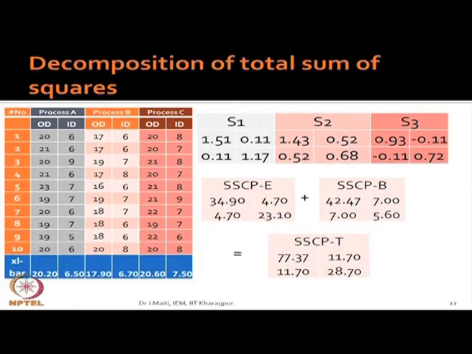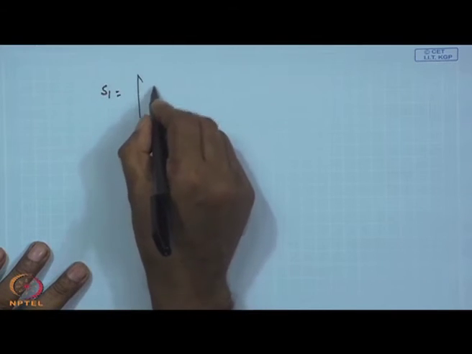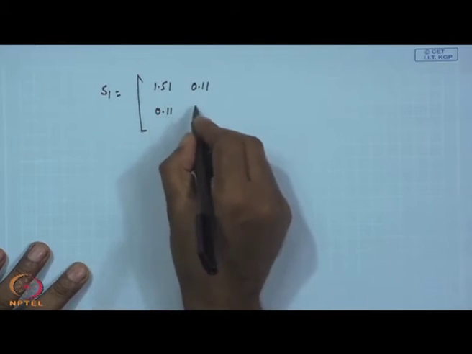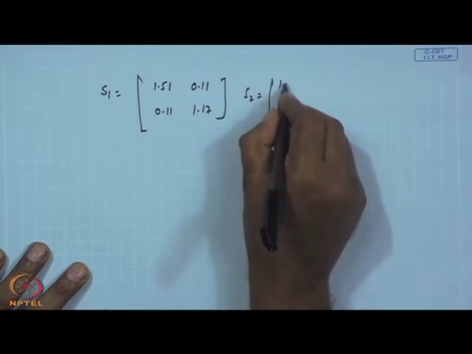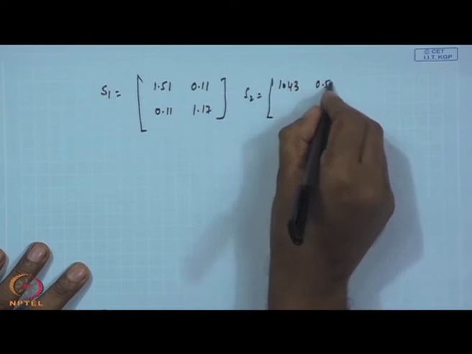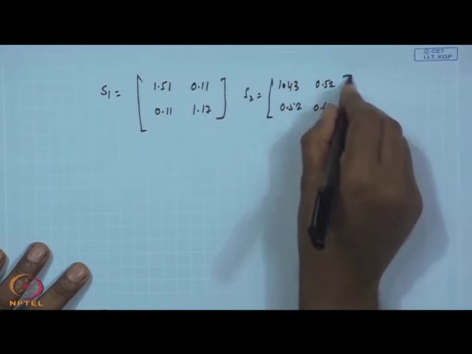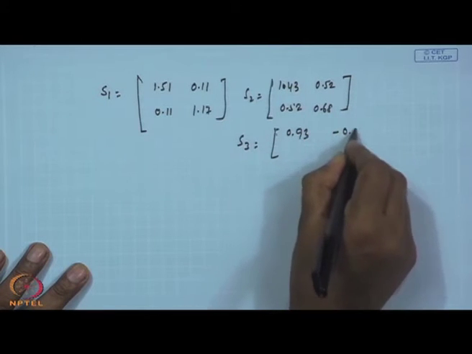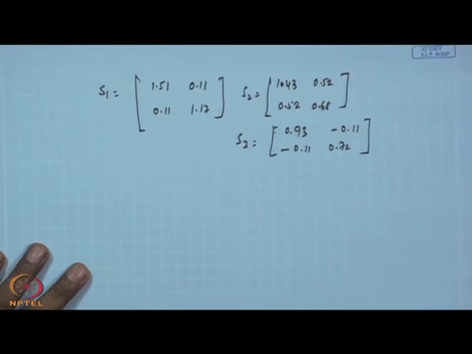What more do we want? We want S1, and in the last class you computed S1 as 1.51, 0.11, 0.11, 1.17. Your S2 is 1.43, 0.52, 0.52 and 0.68, and S3 is 0.93, minus 0.11, minus 0.11 and 0.72.